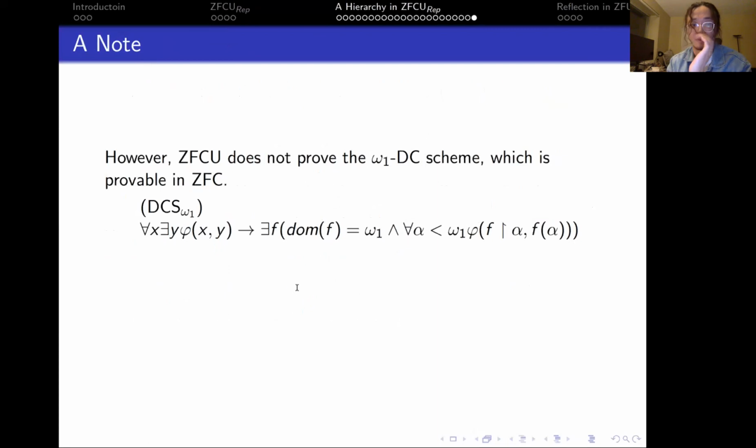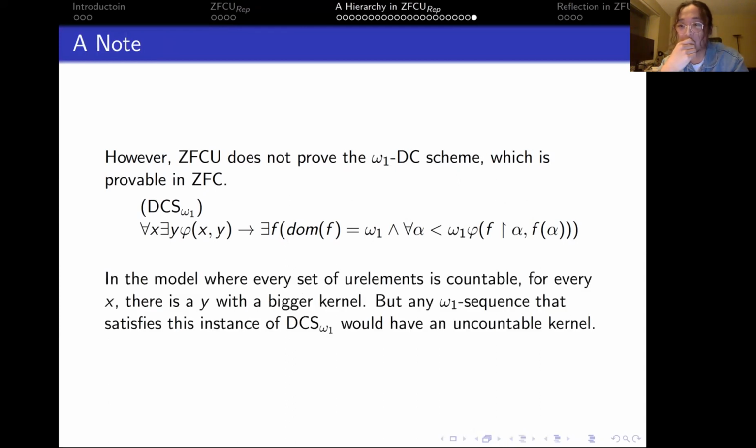Okay, but here's a note. There is also a decent analogy between ZFC minus and ZFCU. So, for example, ZFCU doesn't prove the omega-1 DC scheme, which is a generalization of the omega DC scheme. But this scheme is provable in ZFC.